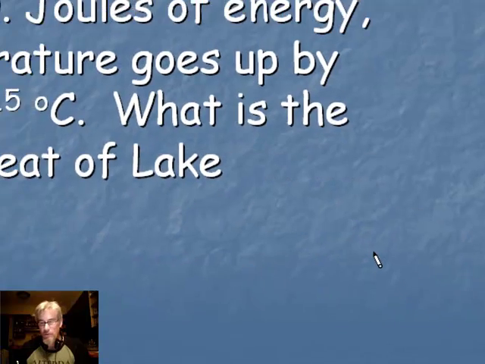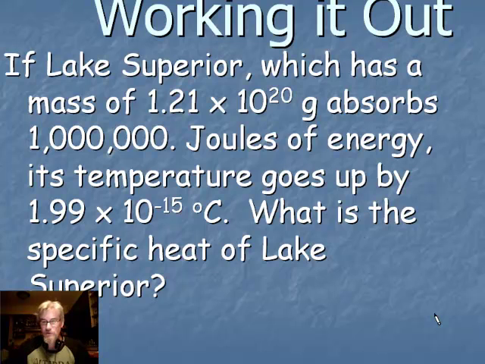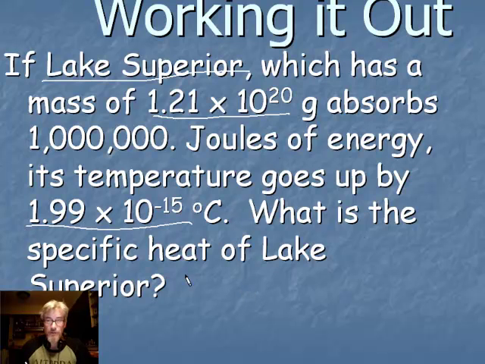It's a similar problem. This is not for the bucket, it's for all of Lake Superior. Its mass, you can imagine, is going to be huge, 1.21 times 10 to the 20th, which is a little over 100 billion grams. Absorbs 1,000,000 joules of energy, and the temperature goes up 1.99 times 10 to the minus 15th degrees C. What's the specific heat of Lake Superior?